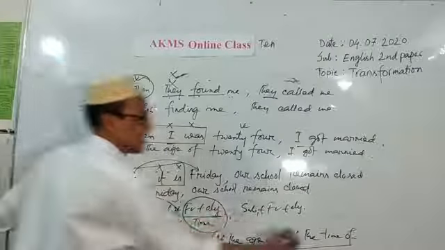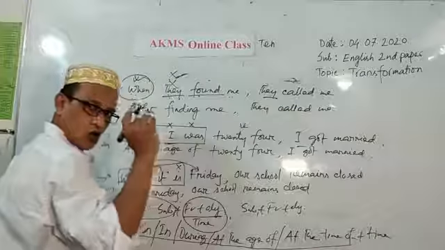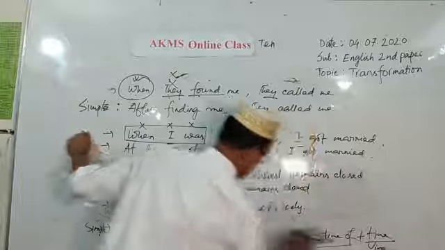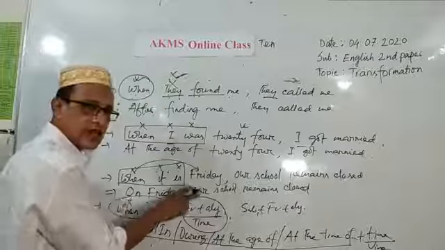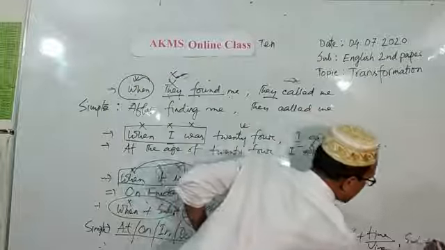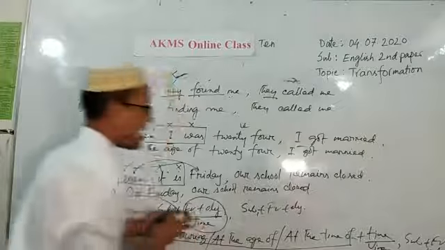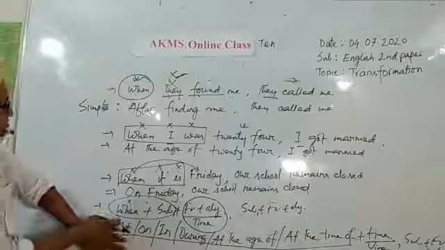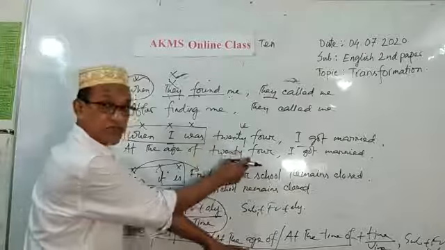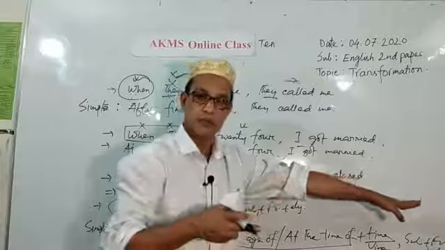Then you should write the time, or the ing form of the verb if "when" indicates the time of an action. Then subject, finite verb, and object. That means "at the age of," then I have written the time and the principal clause.